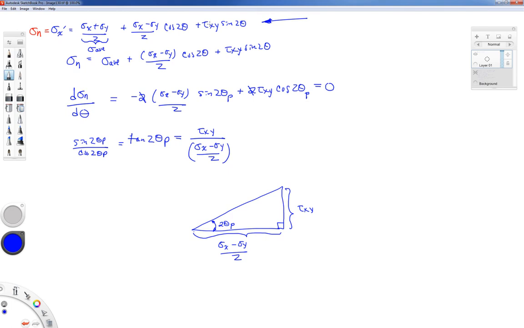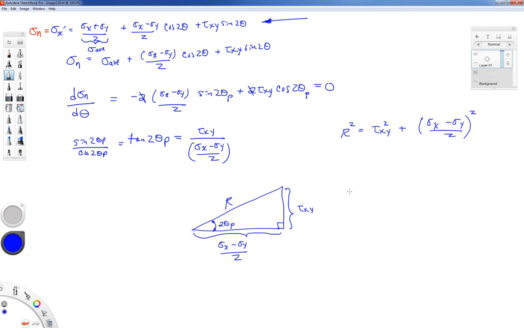We need to figure out the hypotenuse of the triangle, and for reasons that will be apparent later, I'm going to call this hypotenuse r. We can find the value of the hypotenuse by the Pythagorean theorem. R squared is going to be equal to tau xy squared plus sigma x minus sigma y over 2, quantity squared.